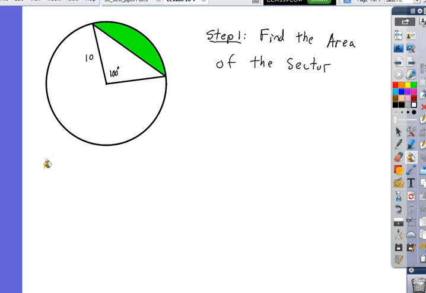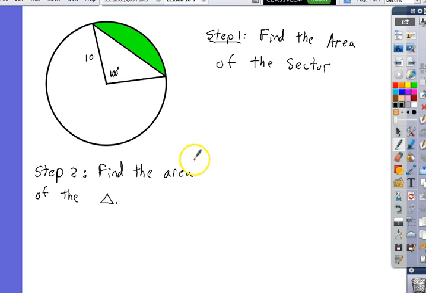Hey, what shape did I just take out? A triangle. Do we know how to find areas of triangles? You bet your bippy we do. We know how to find all kinds of areas of triangles. So step 2 is find the area of the triangle. By the way, for this particular triangle, what's this side length going to be?